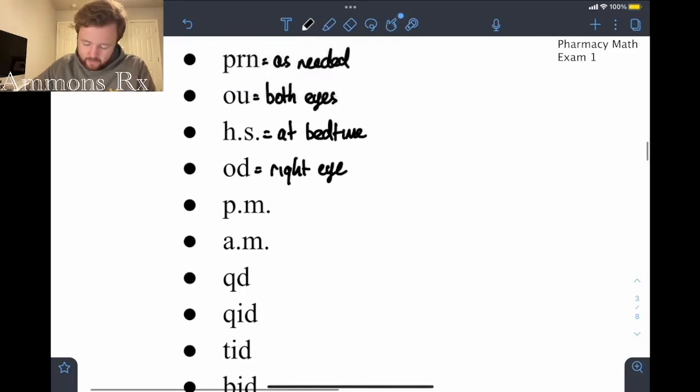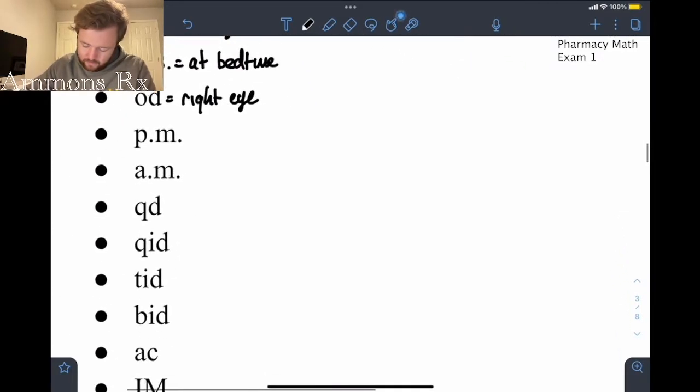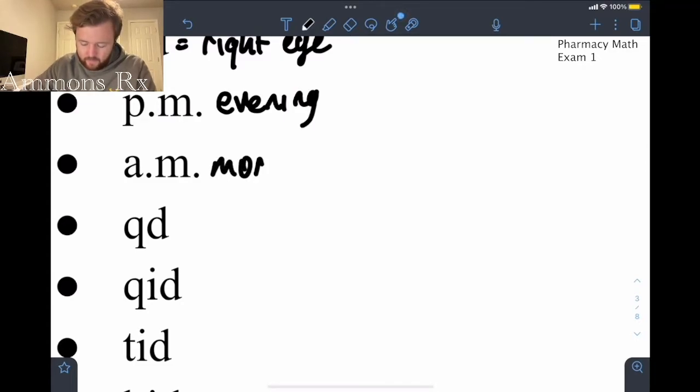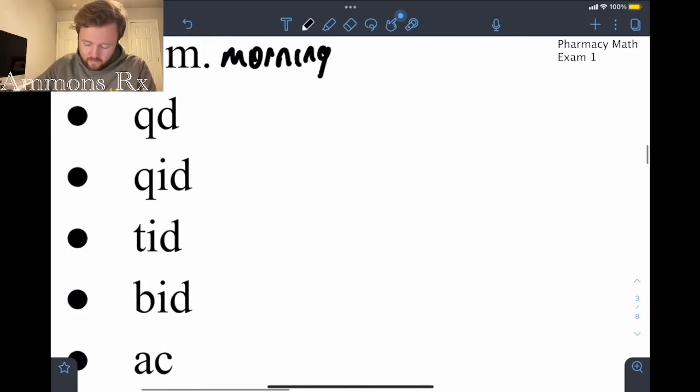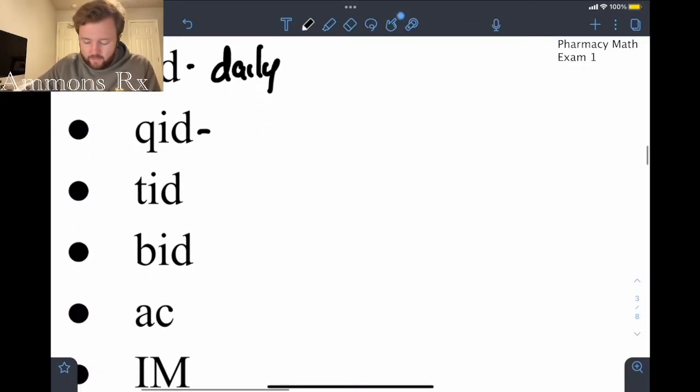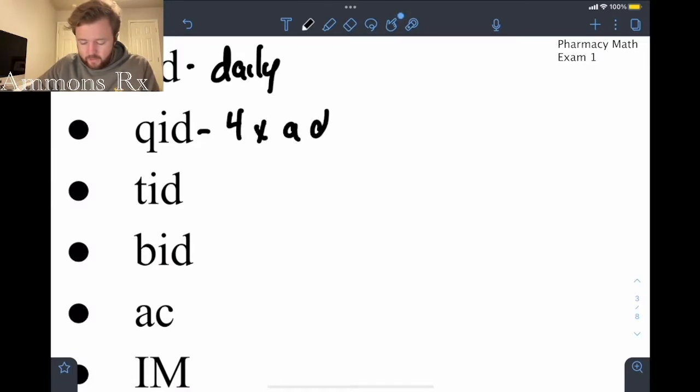OD, so O is in optic or eye, and D is dexter, so that's right eye. Did I mess up any? Nope. PM, what time of day is PM? That's in the evening. AM, morning. QD means daily. QID means quad, so 4 times a day.